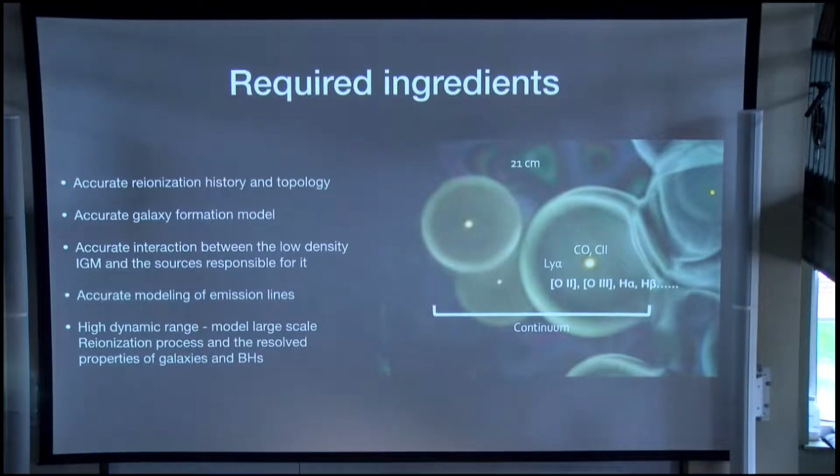And you need to model these emission lines properly as well. And finally, you need a very high dynamic range because lines like H alpha and H beta arise around young stars on parsec scales, whereas reionization happens on the universe scale, so about gigaparsec scale. So you need a very high dynamic range in order to get all of this right.